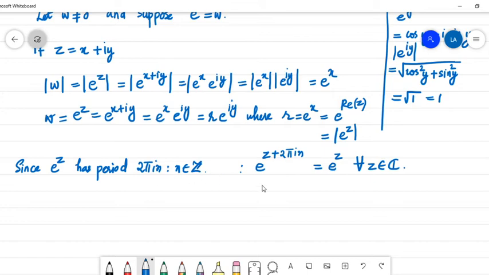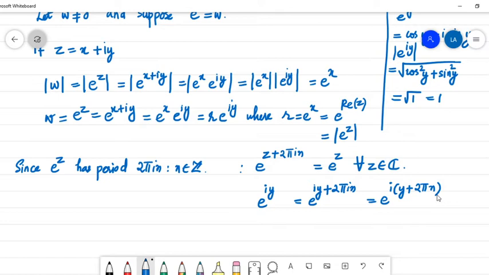Fine. So this will necessarily imply, taking e raised to iy, that e raised to iy can be written as e raised to iy plus 2 pi i n. Instead of z, we have just iy, that's it. So this is equal to e raised to i into y plus 2 pi n. This is a gentle observation.